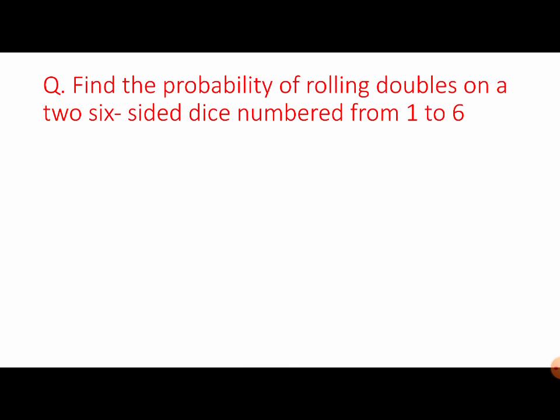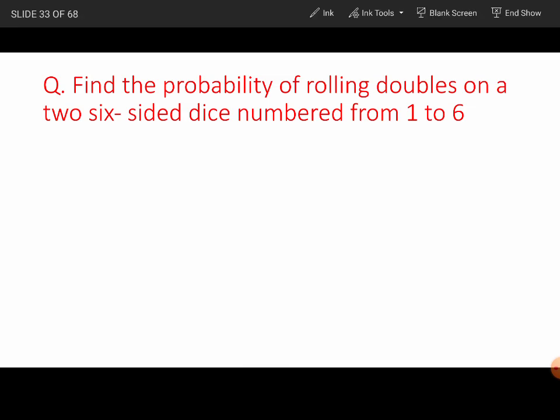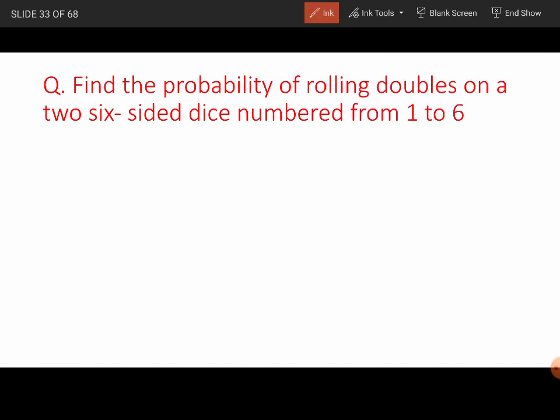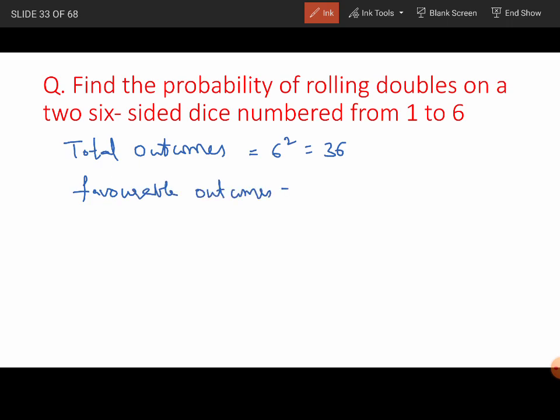Now next one. Find the probability of rolling doubles on 2 six-sided dice numbered from 1 to 6. As you know, the total outcomes for 2 dice would be 6 power 2, 36. And favorable outcomes, doubles.